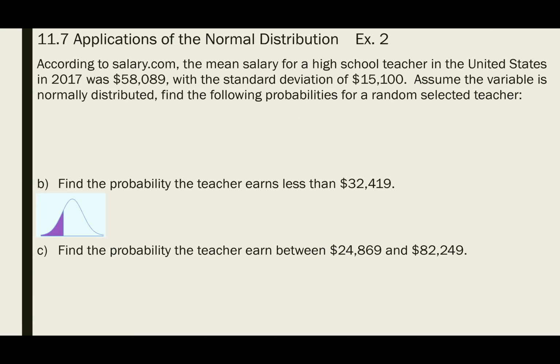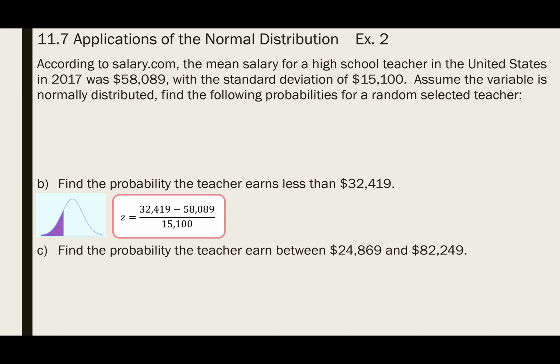If we sketch this, life is good, because if we can find the z-score, the area in the table is your answer. The only detour we need to make is to convert this number to the z-score.